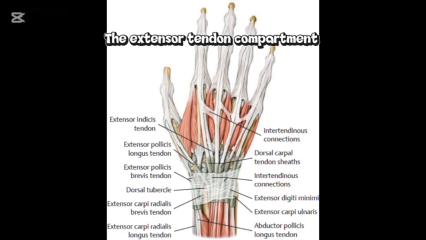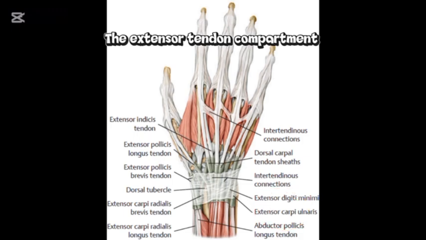Compartment 4 transmits the tendons of the extensor digitorum and the extensor indicis. Compartment 5 contains the extensor digiti minimi tendon, which travels into the little finger. Compartment 6 is located on the medial aspect of the wrist. It conducts the tendon of the extensor carpi ulnaris.